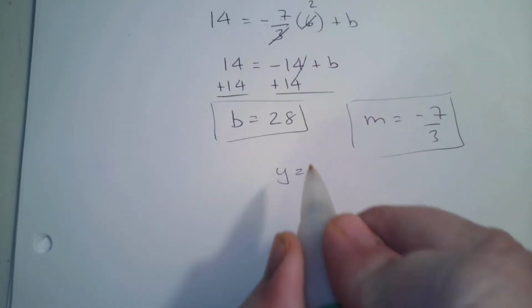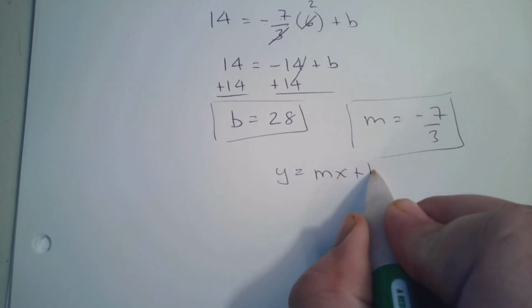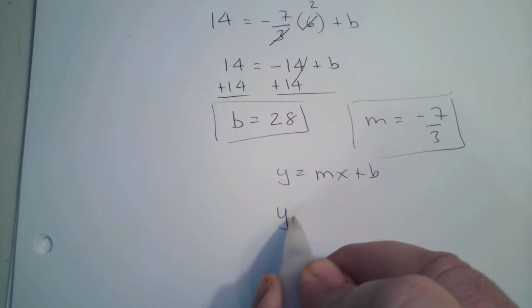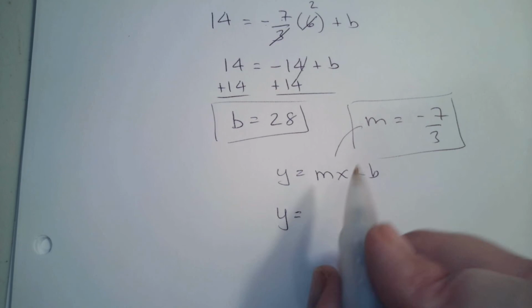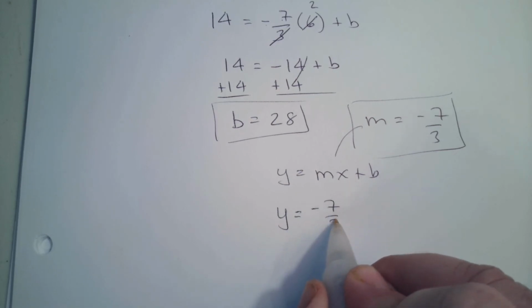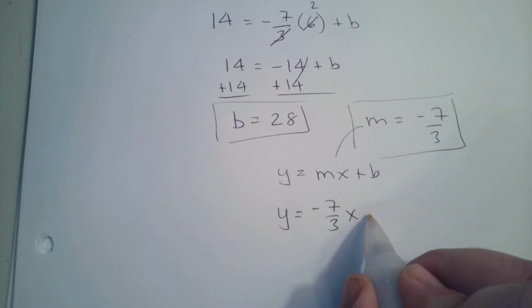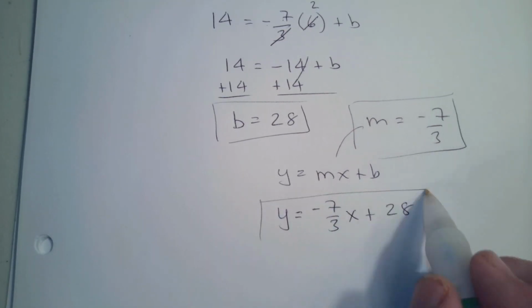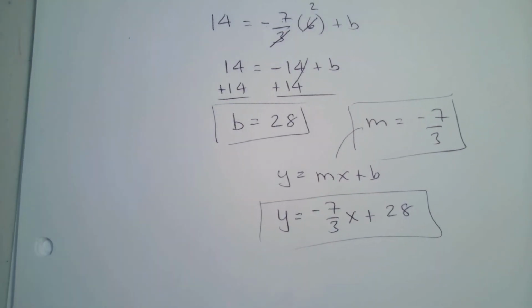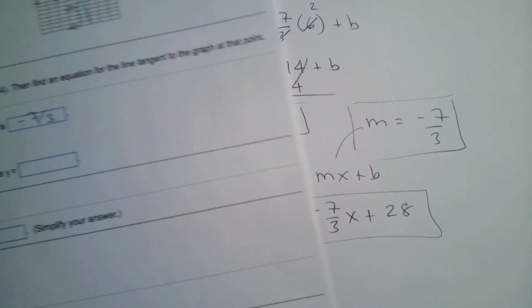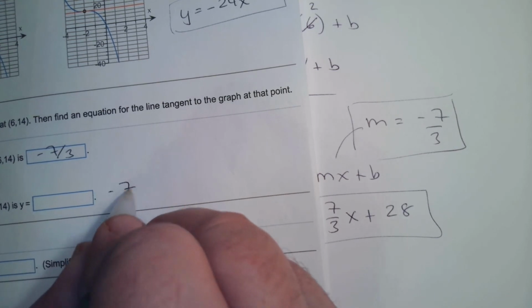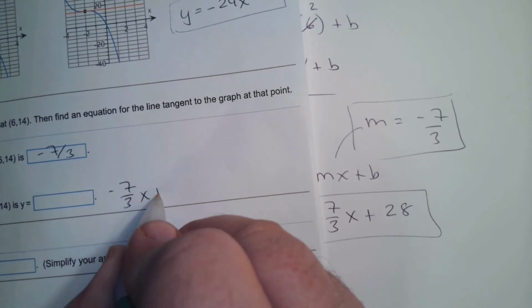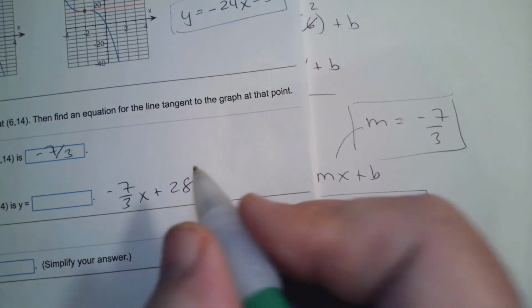Plug those into y equals mx plus b. M is negative 7 over 3 x plus 28. And there's my equation of the line tangent to the curve. So it's negative 7 over 3x plus 28.